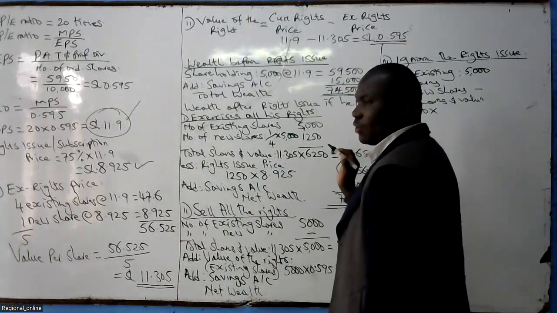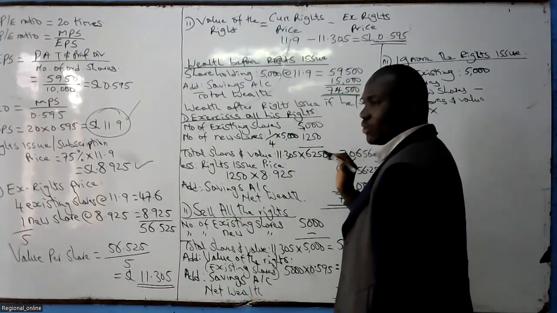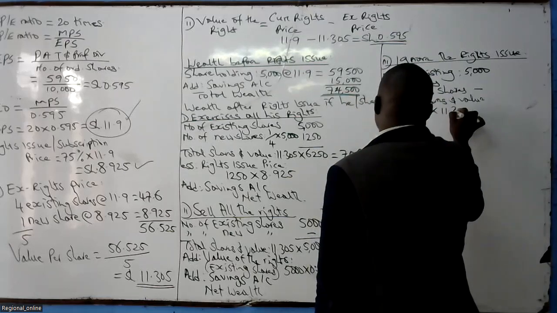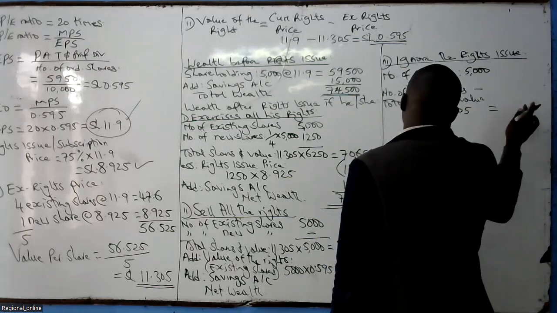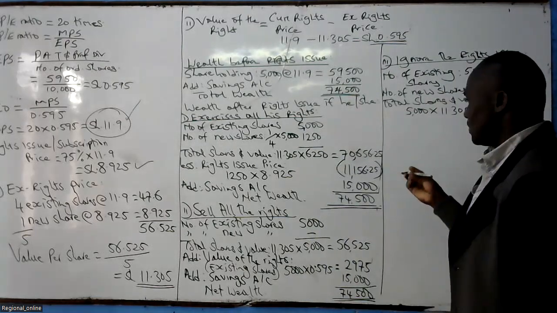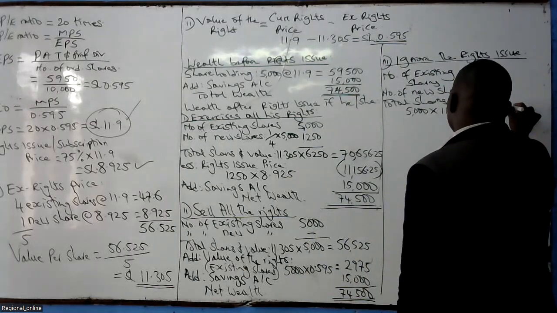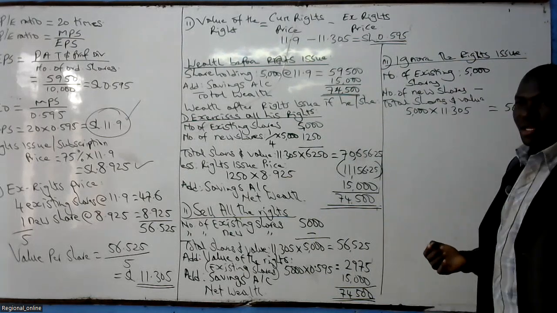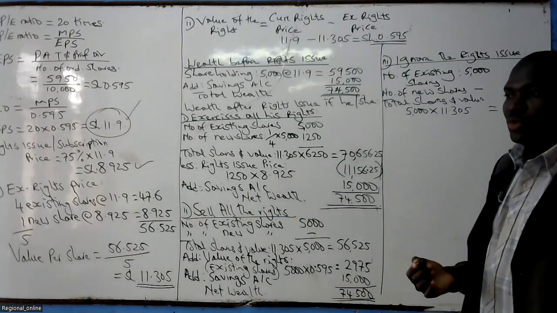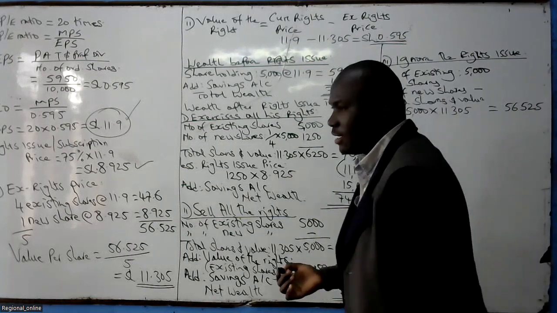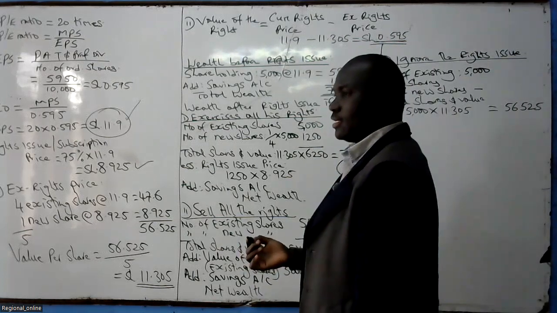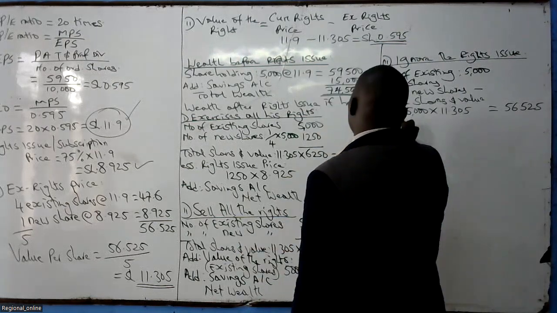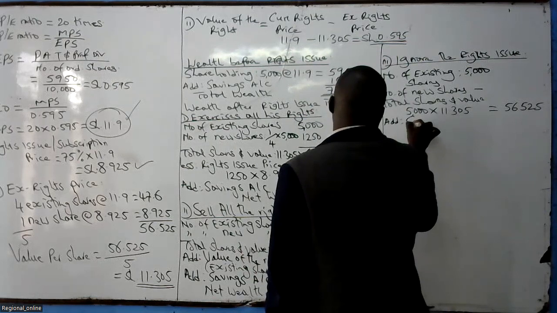It does not matter whether you took them, you sold, or you ignored. After the rights issue, the price will be 11.305. How much is that? 56,525. Now, at that point, you decided you will not sell the rights, neither will you exercise the rights. So that is what you have as far as the shares are concerned. So here, what have you only added?